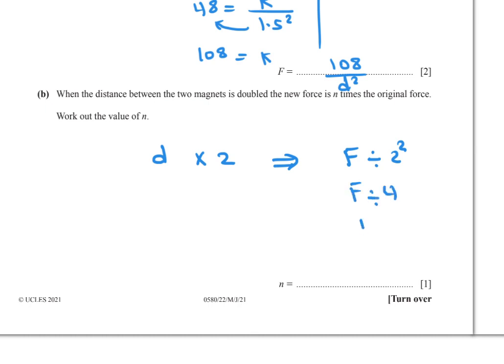This means multiplied by 1 over 4, because divide by 4 and multiply by 1 over 4 is the same, so this means N is 1 over 4.